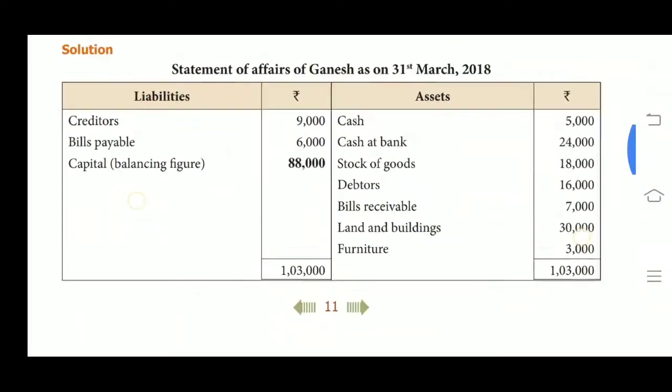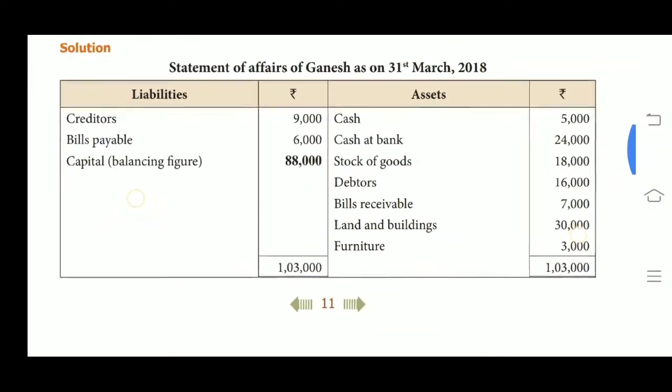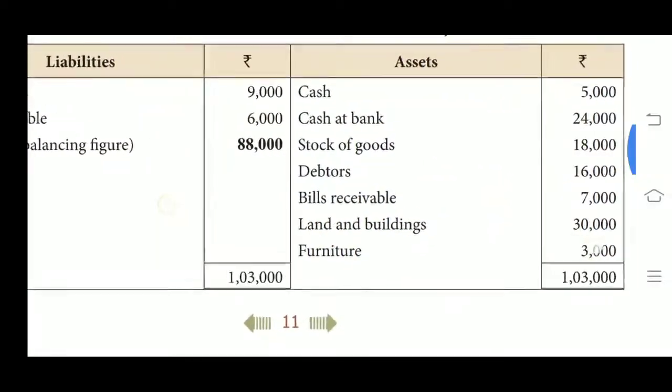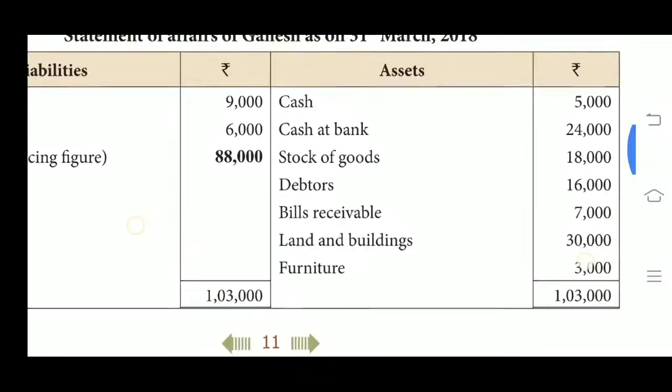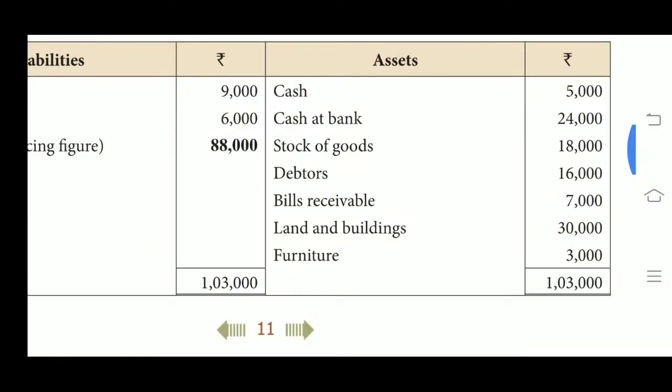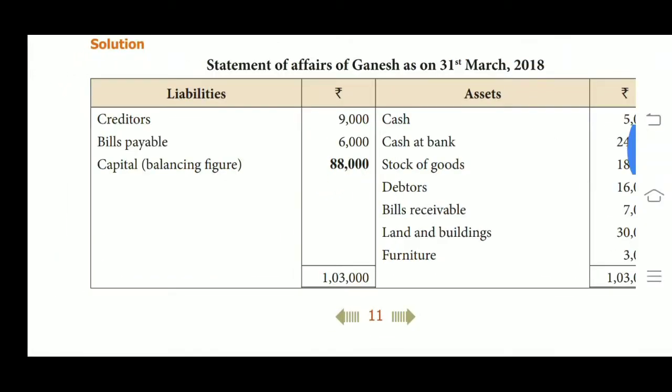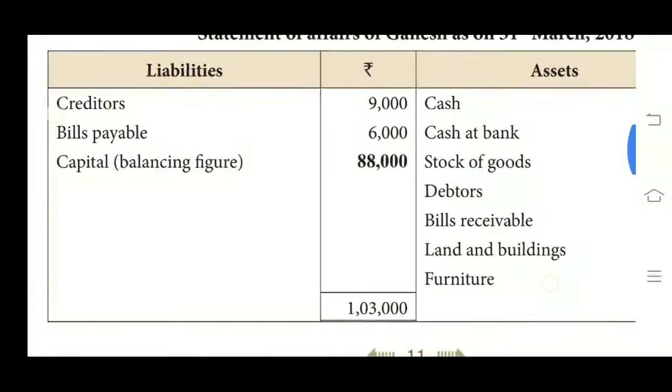So asset side value: cash 5,000, cash at bank 24,000, stock of goods 18,000, debtors 16,000, bills receivable 7,000, land and building 30,000, furniture 3,000. And the left hand side, liabilities value: creditors 9,000, bills payable 6,000. The difference value is known as capital.